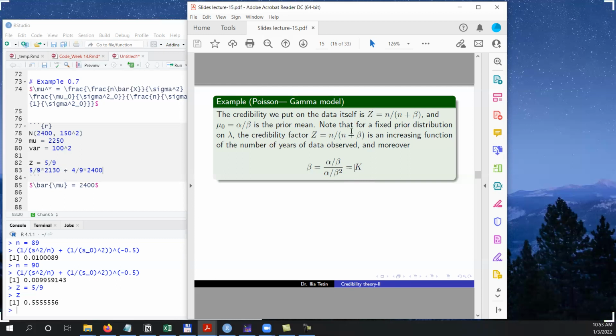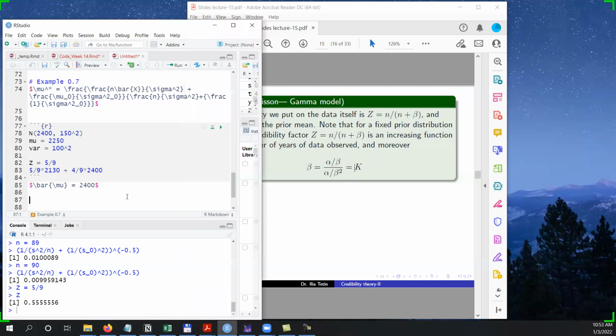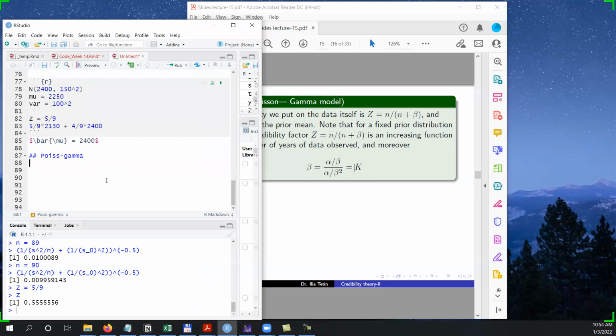Okay, let's suppose that we have some kind of Poisson gamma setting.